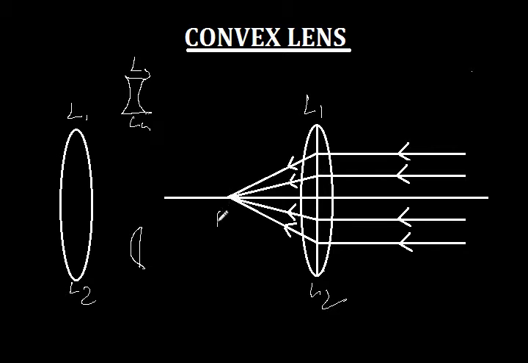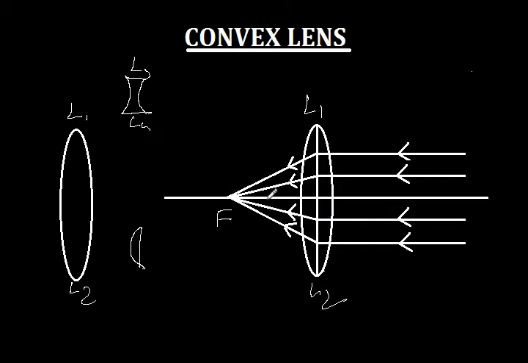This point is the focus. As the convex lens has the capacity of converging a parallel beam of light at a point, therefore it is also called convergent lens.